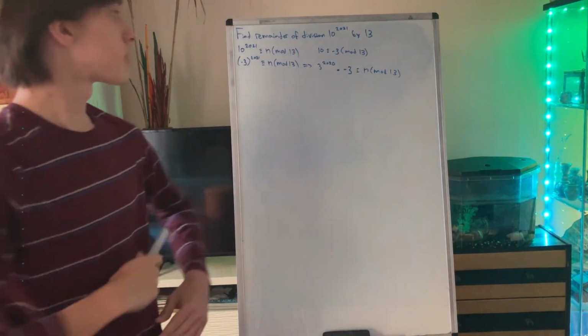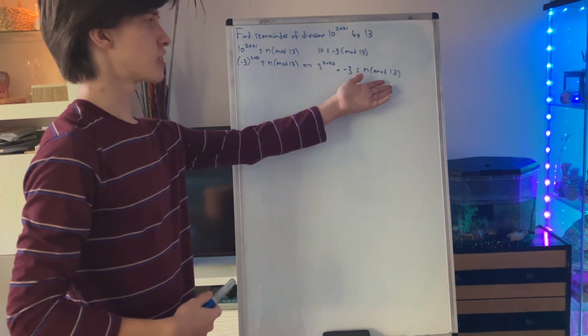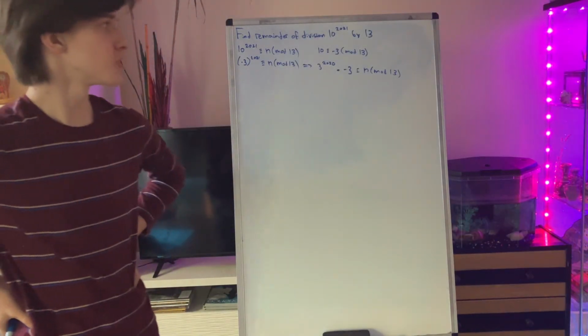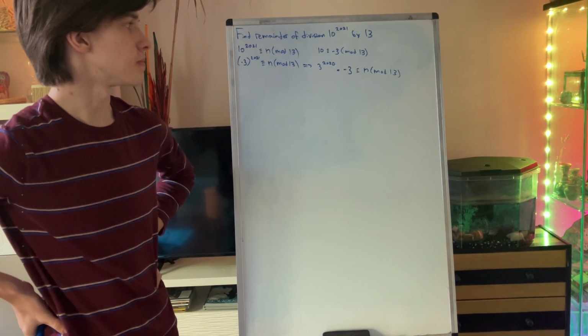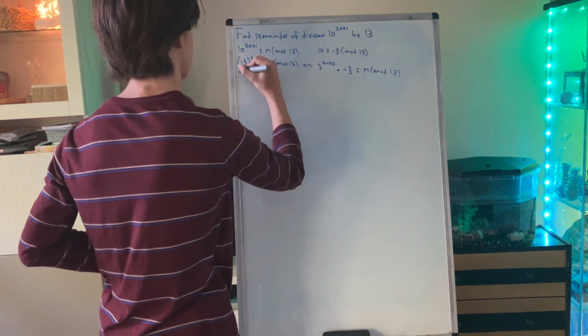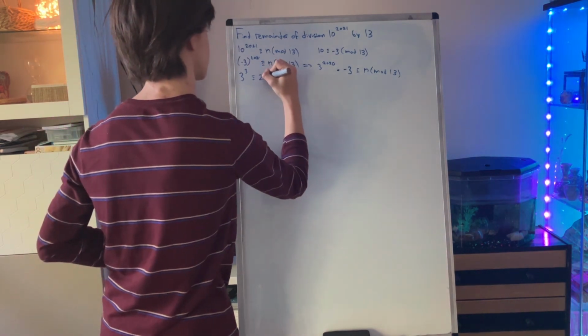Great. Now we have to think about powers of 3, which work pretty well in the mod 13 world. So this may take some creativity. I think I know the power. Let's see. Look at this. 3 to the power of 3, that is 27, right?